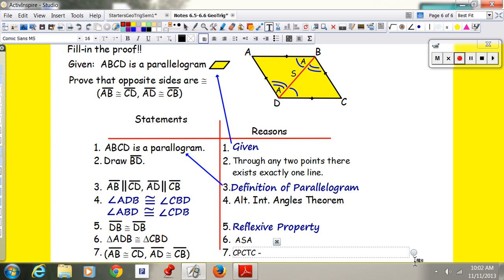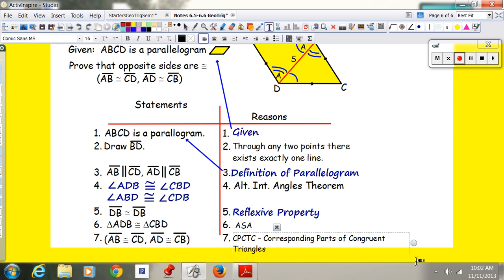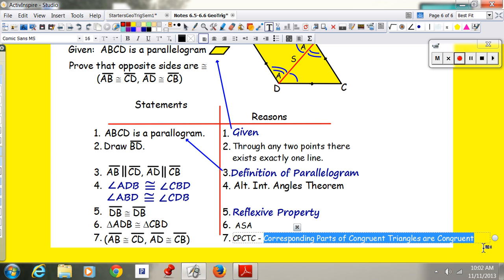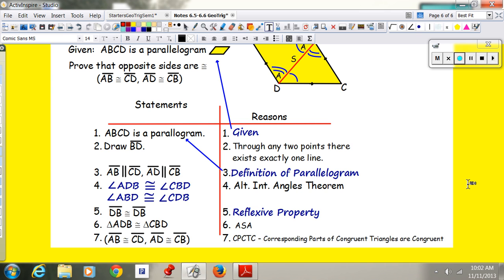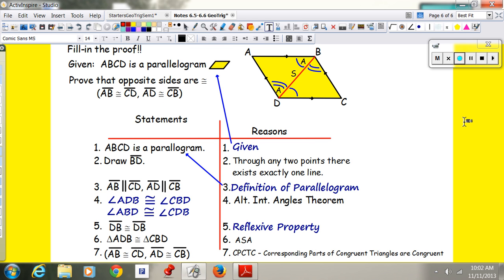Let me type that in for you. Corresponding parts of congruent, because we already proved that the triangles are congruent. So there is your proof. Shrink that a teeny bit so I can fit it in there. There you go. All right, I'll see you guys later.